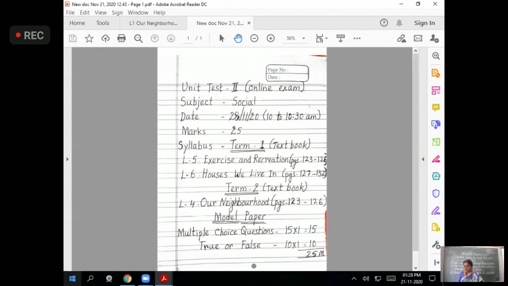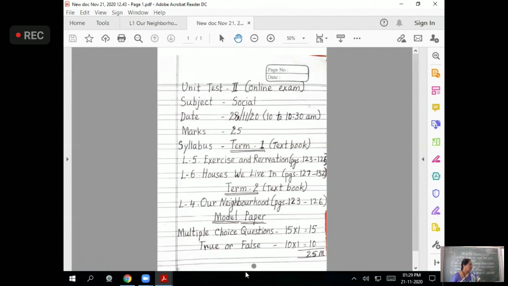So now children, all the pages are mentioned. In the textbook, you have got MCQs, filling the blanks, and true or false. Everything you have to read. All the MCQs, filling the blanks, you have to read. Also true or false you have to read. Why?